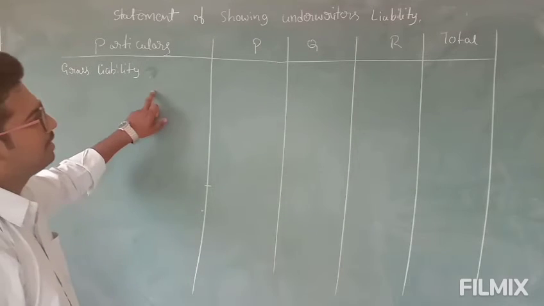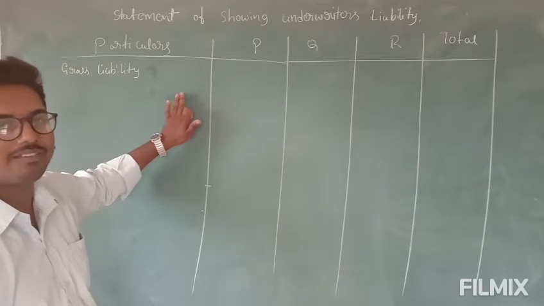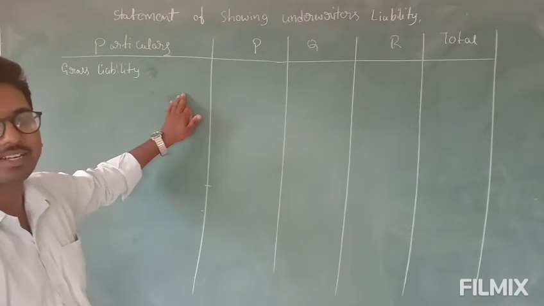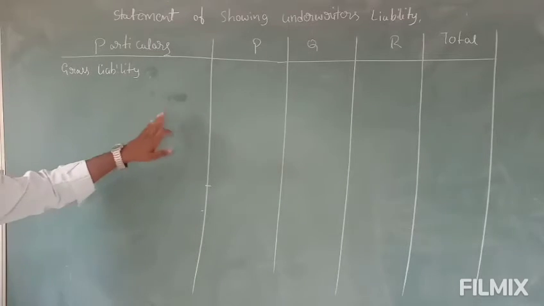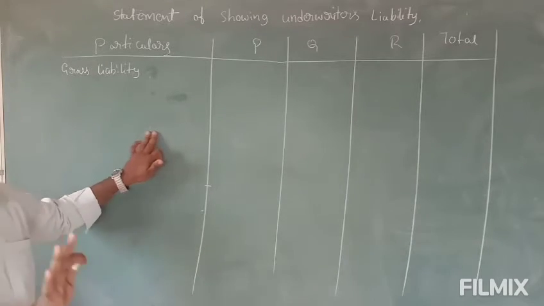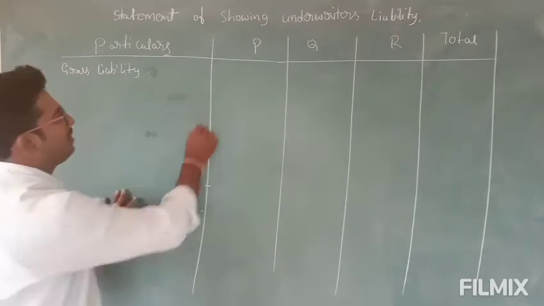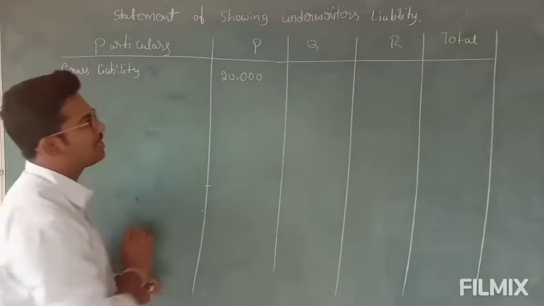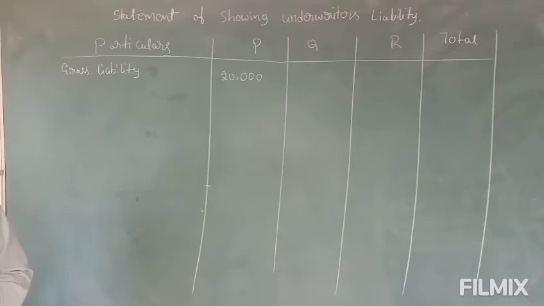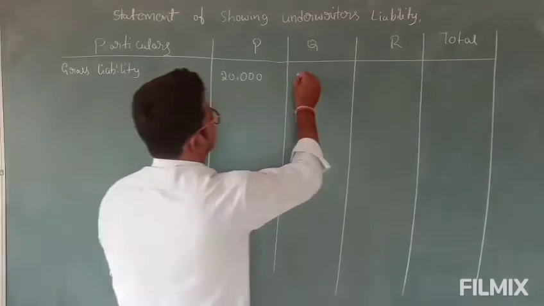The total number of shares the company issued is 50,000. What is the proportion of P? 40%. So 50,000 into 40 divided by 100, you will get 20,000. Similarly for Q, 50,000 into our apportionment rate of 30%, so 30 divided by 100, you will get 15,000.